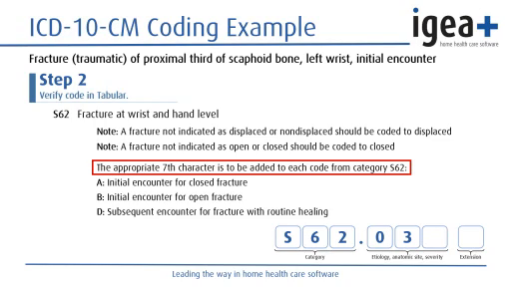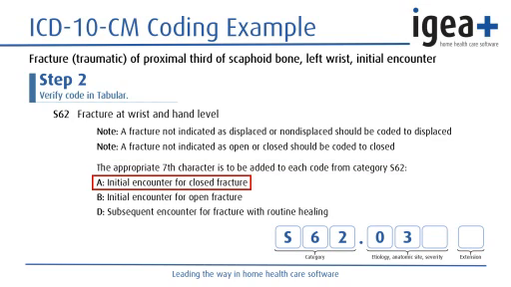So from this list, we're going to grab the first one for an initial encounter. That's going to be the letter A for initial encounter for closed fracture. We're still missing character number 6, so let's jump onto our next slide.